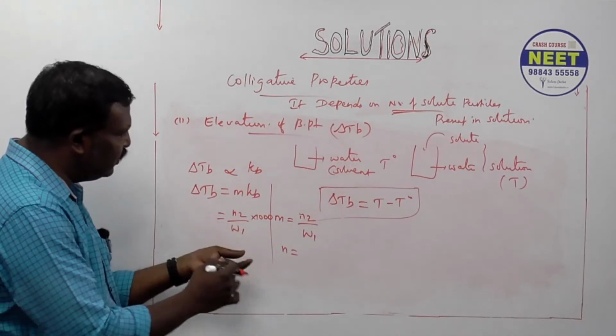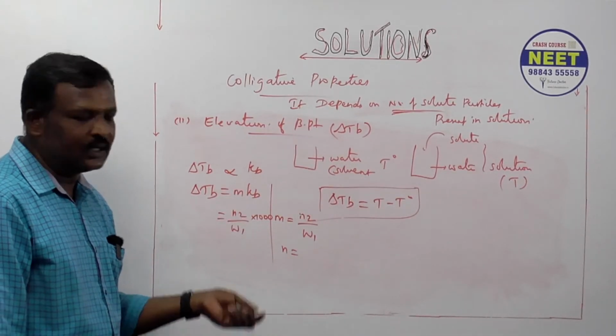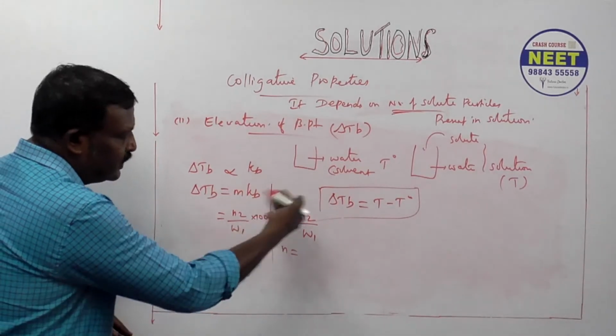So I always use the 1000 in the formula itself, then we can easily substitute. Mostly they give grams only. If 1000 gram is given, the 1000 cancels.